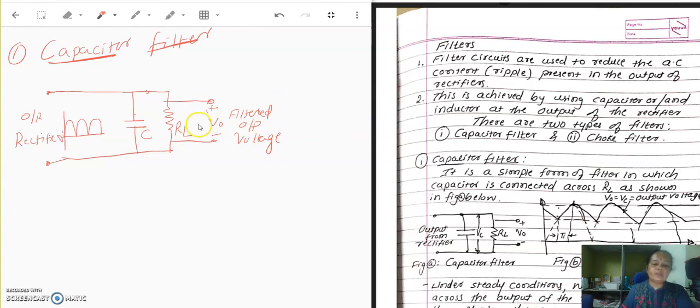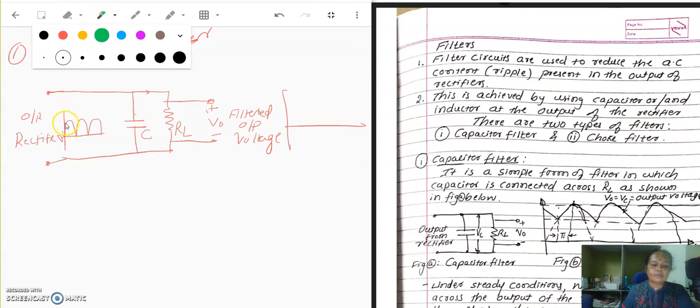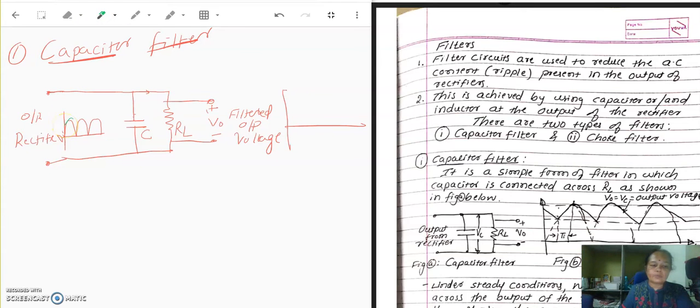So how is the filtered output voltage? It just takes the cap portion of the rectifier output. Only the top portion comes at the output. We shall see the operation of this filter in more detail.